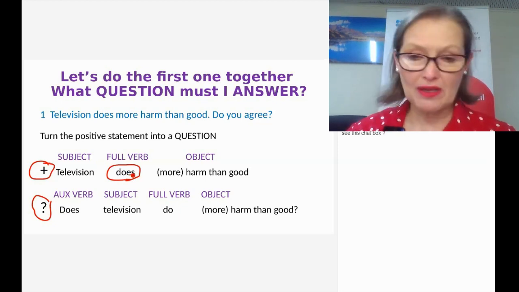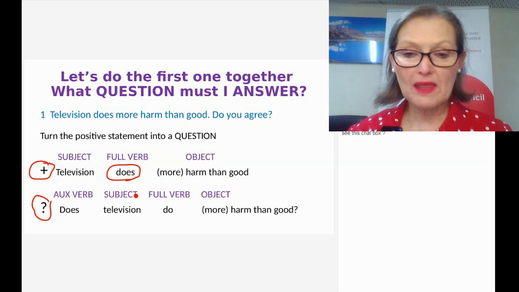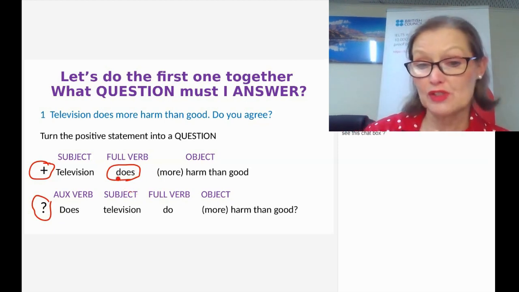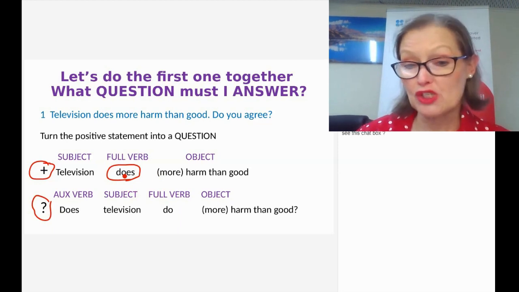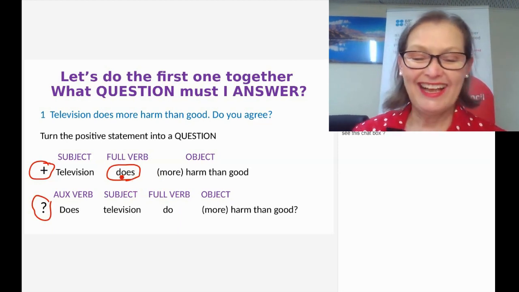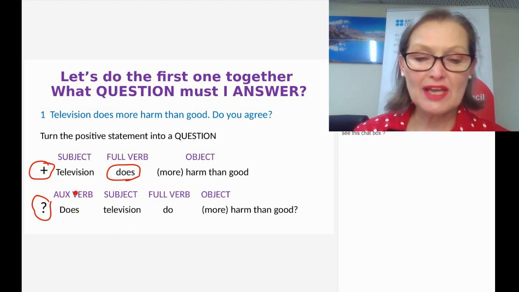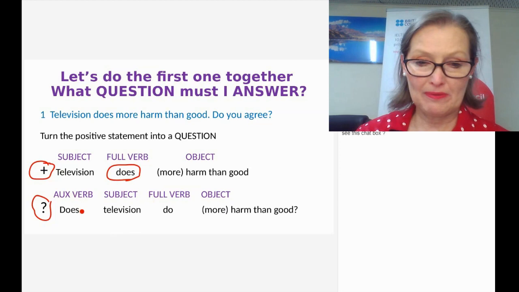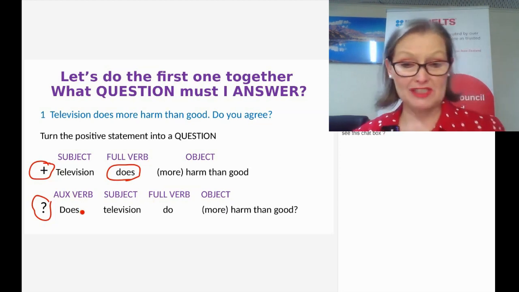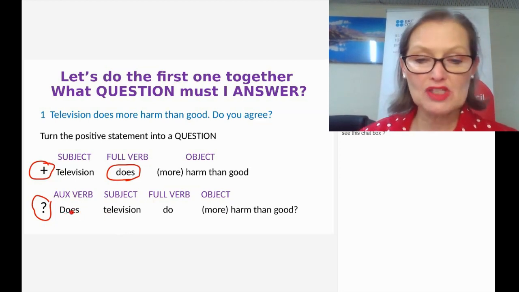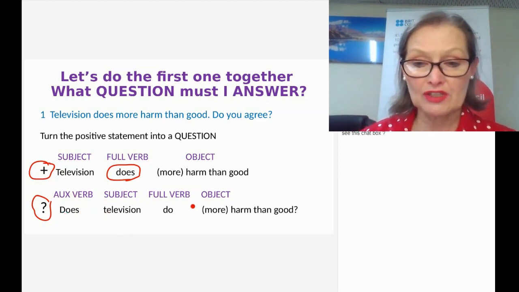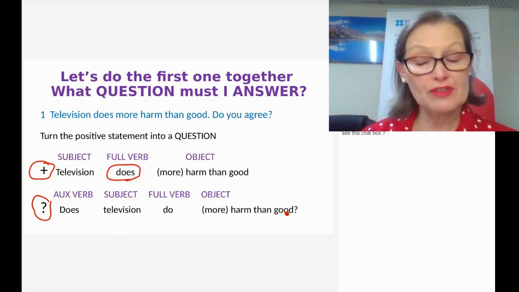So there's my verb, does or do, and we know that do is a doing verb. I do my homework, I do my washing, I do my ironing, I do my housework. Okay, so it's a doing verb, and my doing verbs take my auxiliary verb, do, does, or did. So I'm turning this into my question: does television do more harm than good?